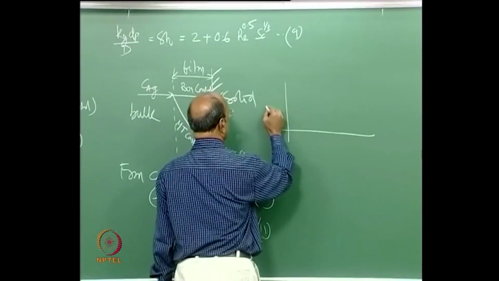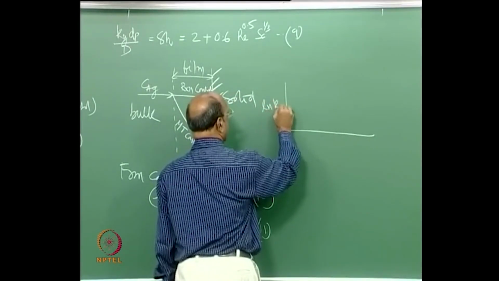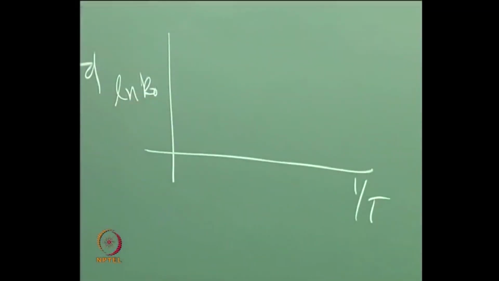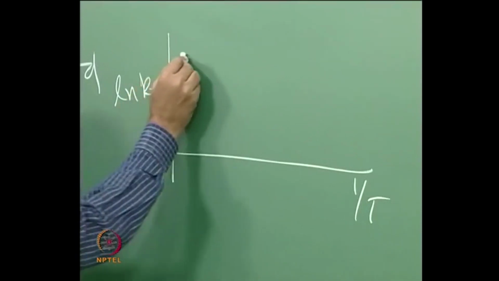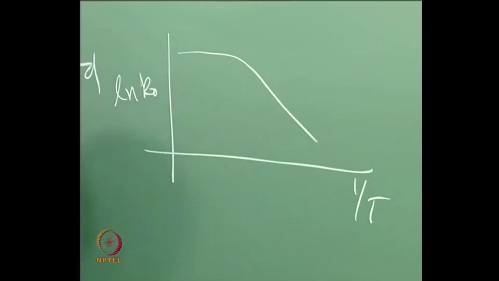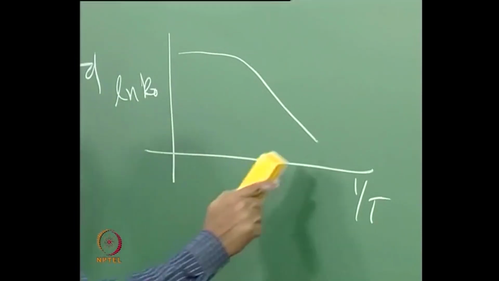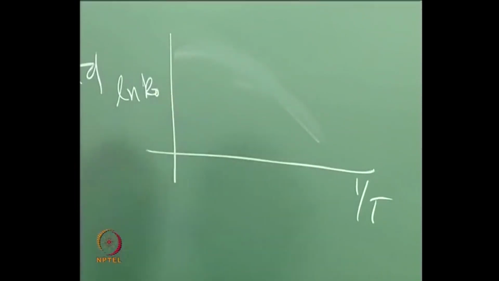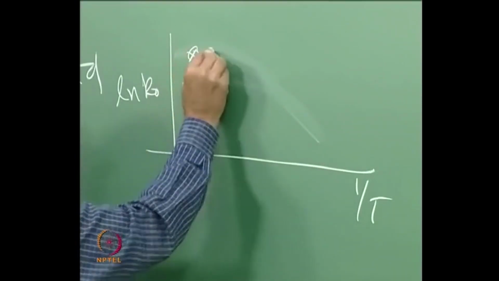So, with the temperature, if I plot this Arrhenius plot, this is ln K naught versus 1 by T, then you may get something like this. Or instead of that, I will just plot, and then normally we will try to see.